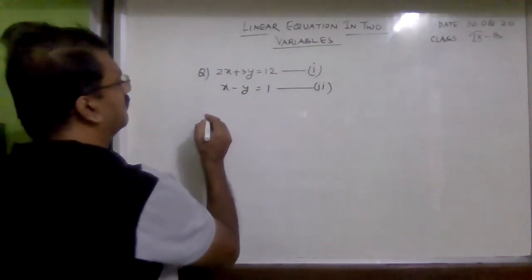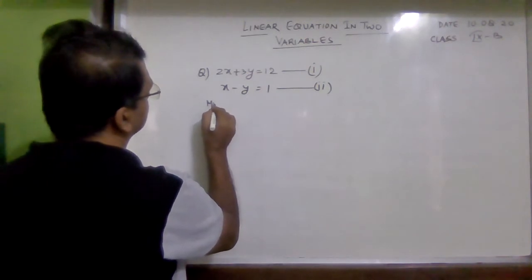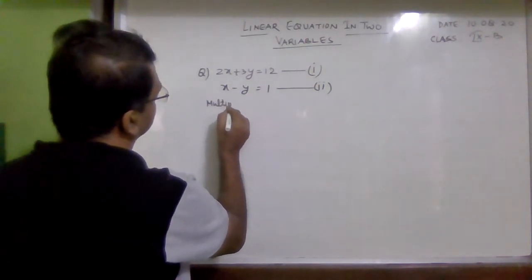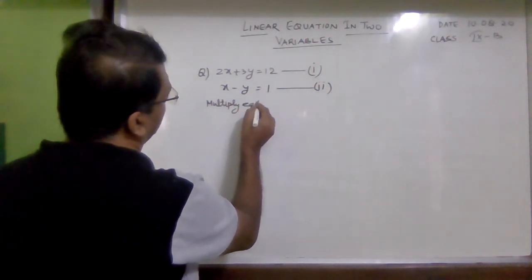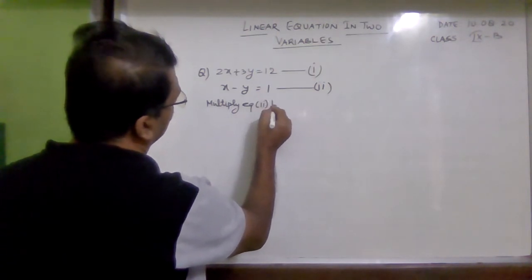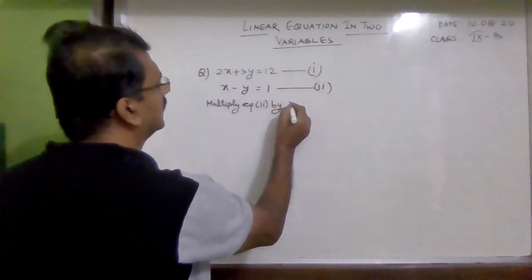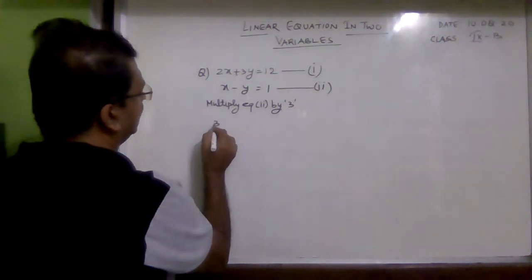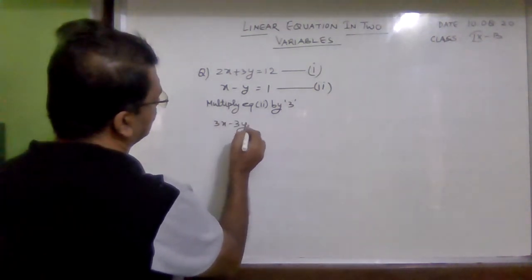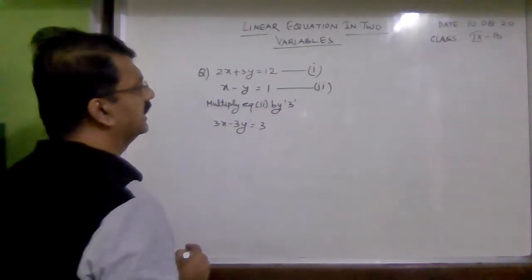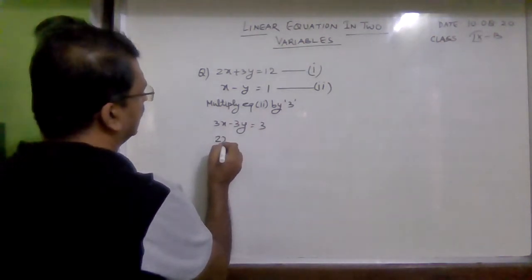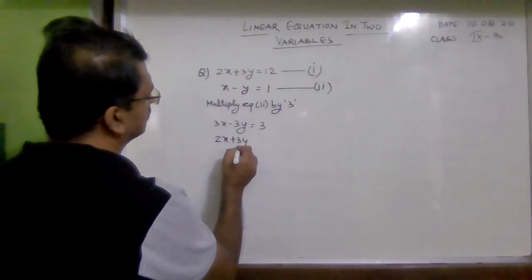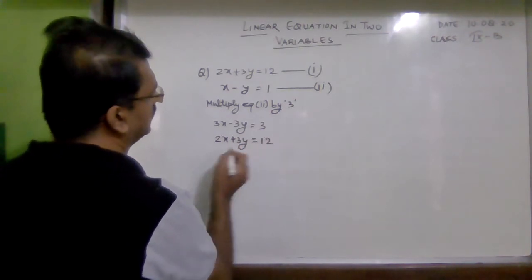For that, multiply equation 2 by 3. 3x minus 3y is equal to 3, and below it you write down the first equation.